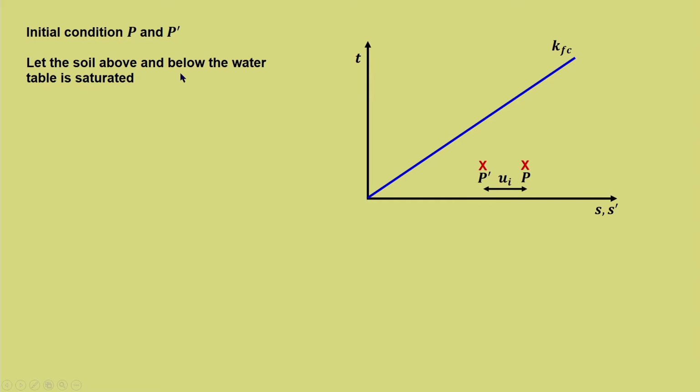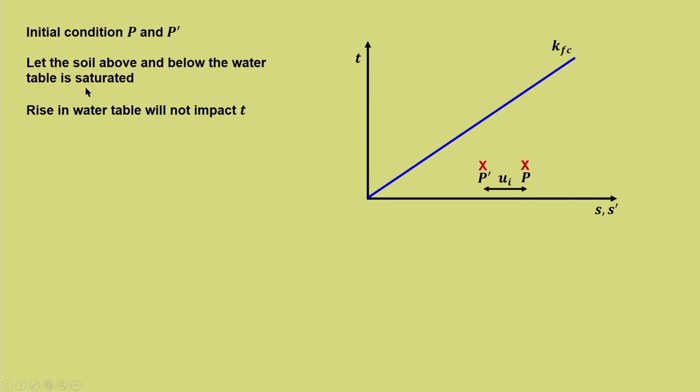Let the soil above and below the water table be saturated. Let us presume that because of capillary rise or whatever, the soil sample above the water table is also saturated. We are just trying to simplify it, because when there is any change in the unit weight, that is going to change the T component as well.